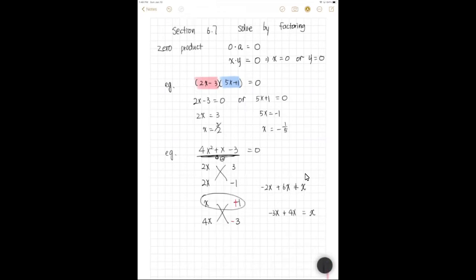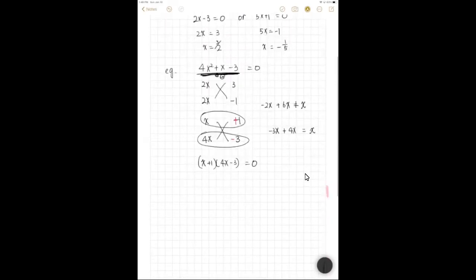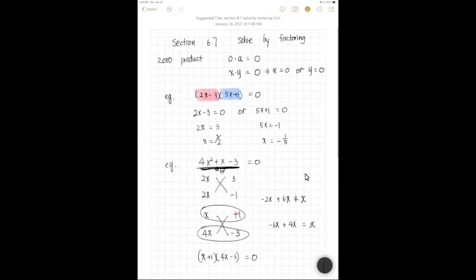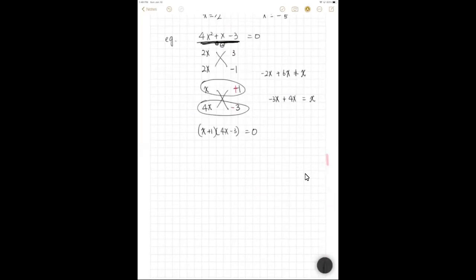And then we group this together and group this together. So the left side of this equation, we can rewrite as (x plus 1) times (4x minus 3) equals 0. So by our zero product rule, we have either 4x minus 3 equals 0 or x plus 1 equals 0, and then we solve for x.